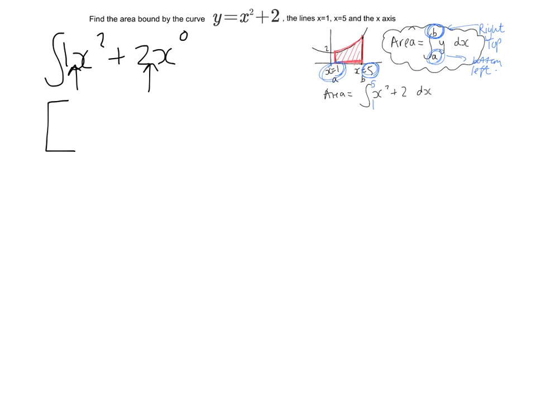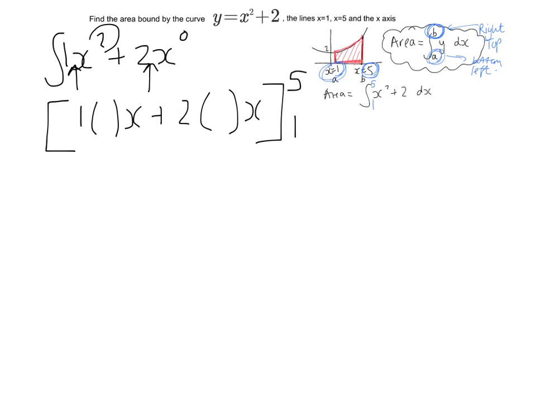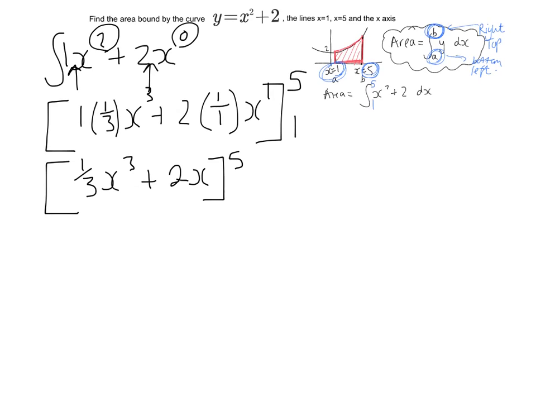So it's going to be 1 x squared plus 2 x to the power 0 in square brackets, and the limits 5 and 1 come over to the side. Add 1 to the power gives me 3 and flip it. Add 1 to the power gives me 1 and flip it. So into the square brackets goes a third x cubed plus 2 lots of x, with limits 5 and 1.